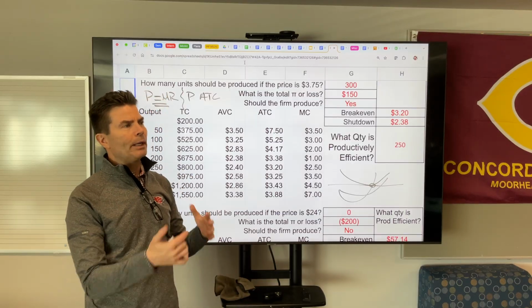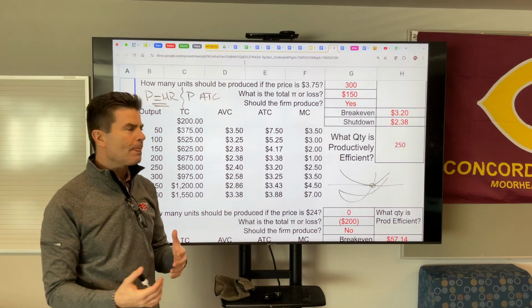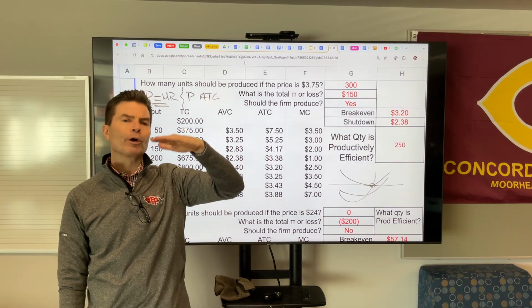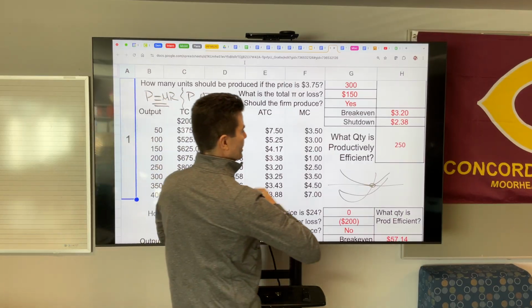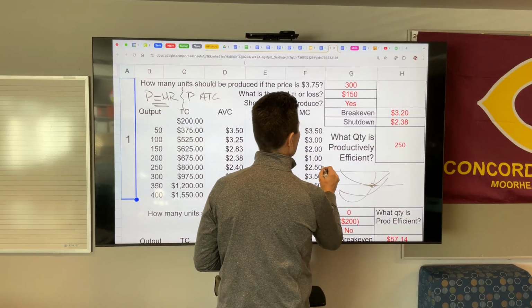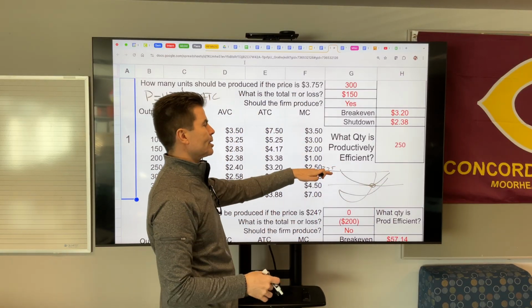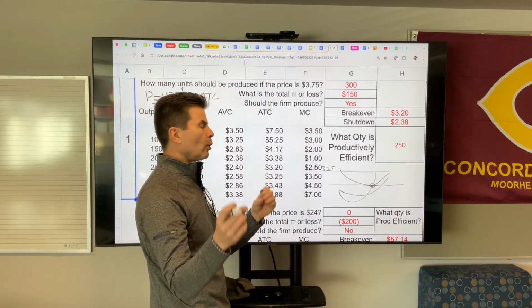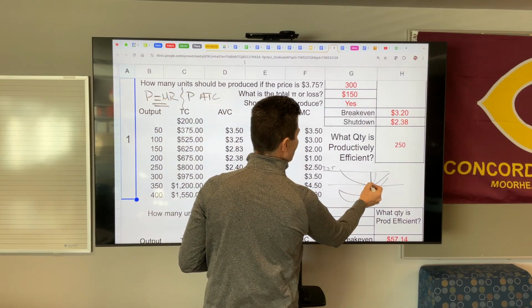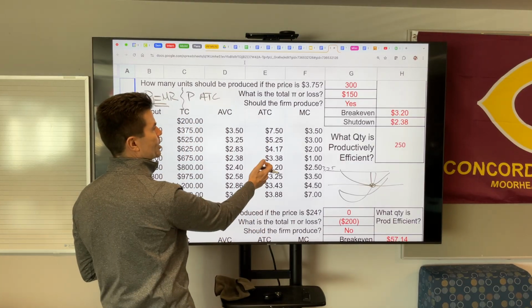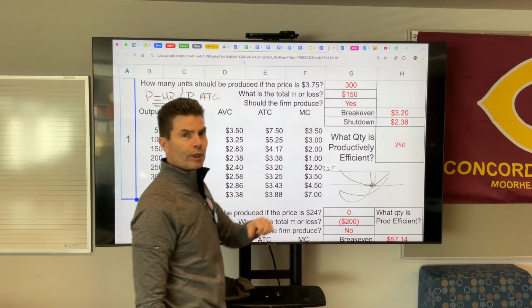Yes, I get that, but when it asks where the break-even point is, they're asking where the price has to change in order for you to break even. Right now my price of $3.75 may be up here, and they're asking where this price has to shift down to in order for you to break even. Well, it has to go all the way down to the minimum of the ATC, which according to this is $3.20. That's where you break even.